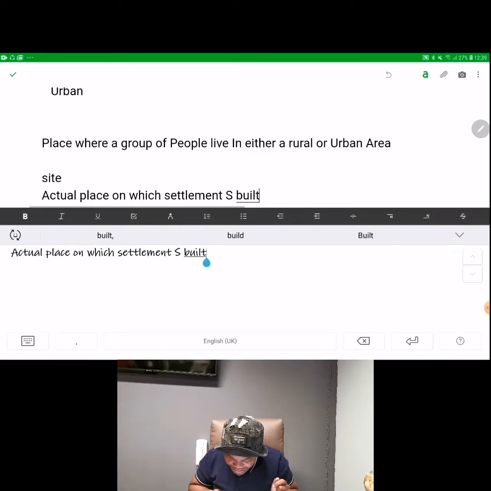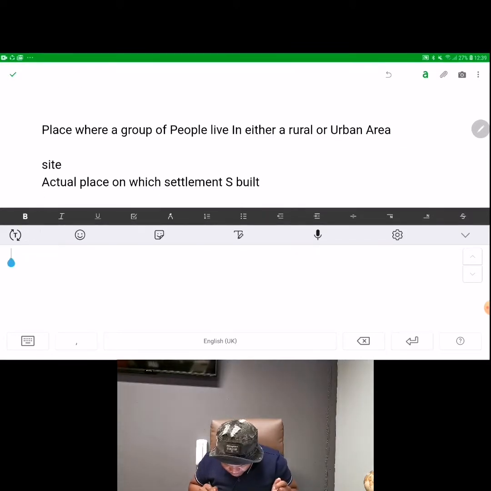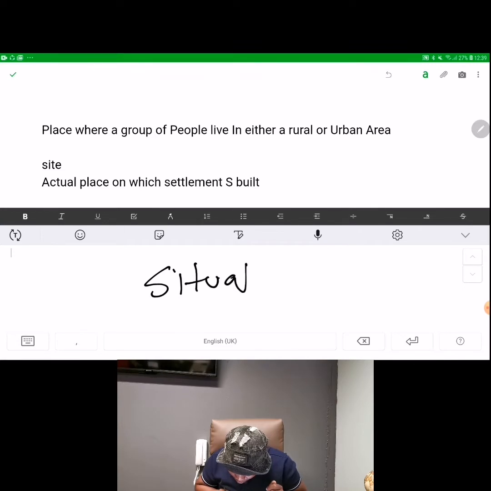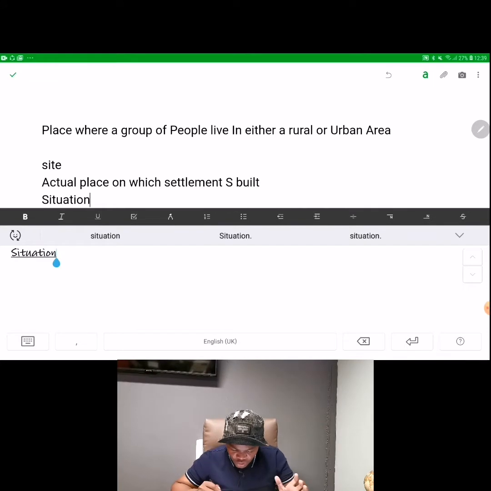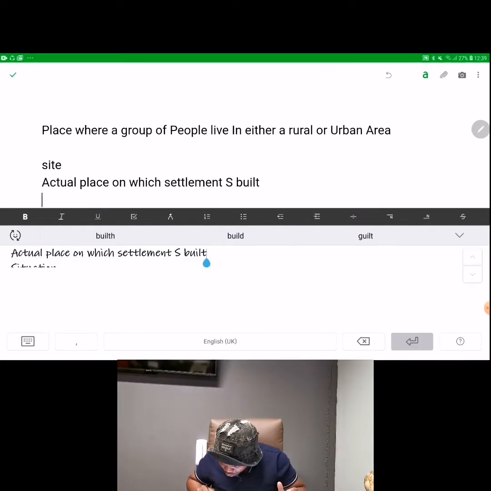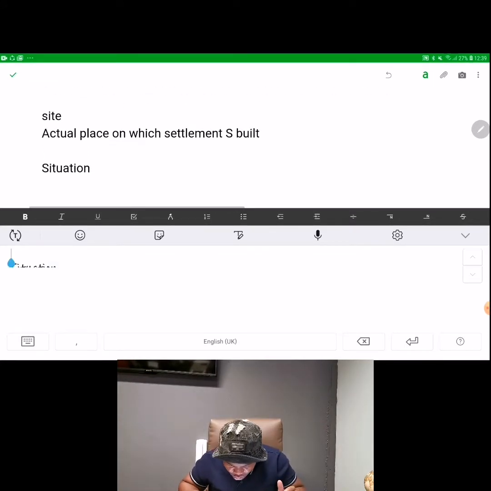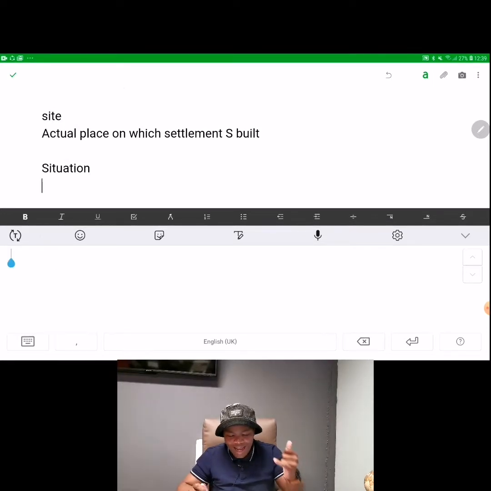That is our situation. It is the positioning of a settlement in relationship with the surrounding environment. So you need to understand the definitions of these two terms, the site as well as the situation.